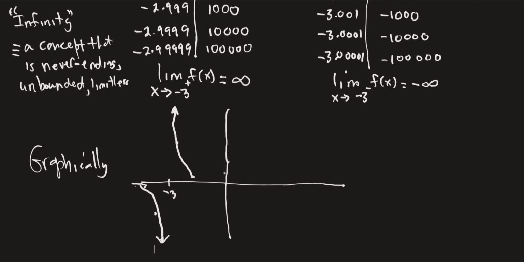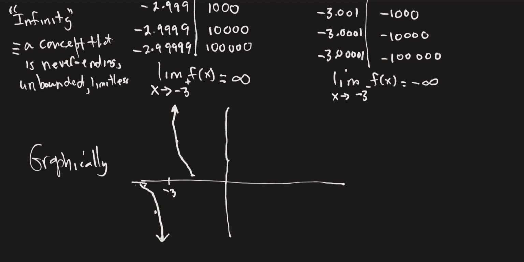But what happens is, as far as the limit is concerned, we never actually get to -3. It's like there's a fence there. So it's almost like if I were to draw the vertical line at x equals -3, so that's the vertical line, x equals -3.